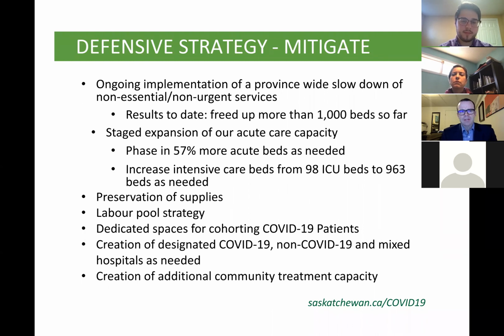So again, staged in terms of we would only activate this if we are seeing the demand for those spaces. This would allow us to increase and phase in about 57% more acute beds across the province than what we currently have. We also would increase intensive care beds from the 98 ICU beds we currently have to 963 beds if needed. And again, that would be a phased approach.